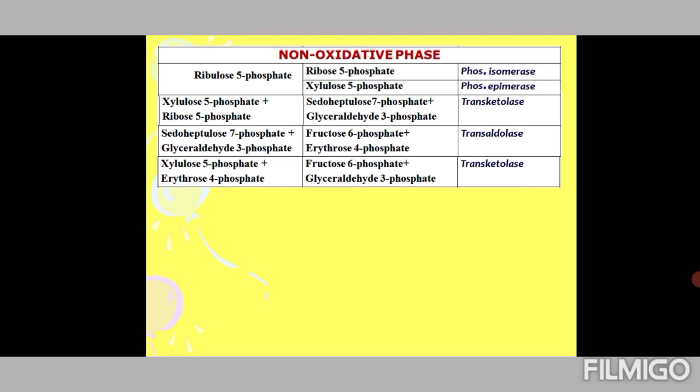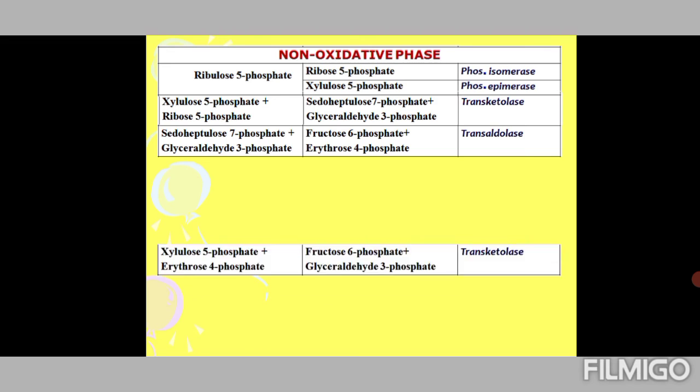We can see how it happens. Xylulose 5-phosphate and erythrose 4-phosphate have a combined carbon strength of 9. Out of those 9 carbons, 6 are placed in fructose, and the rest 3 go to glyceraldehyde 3-phosphate. The enzyme involved is another transferase type of enzyme, transketolase, which we have already seen.